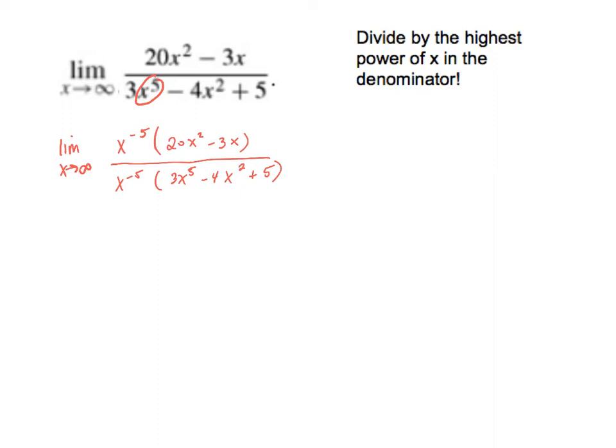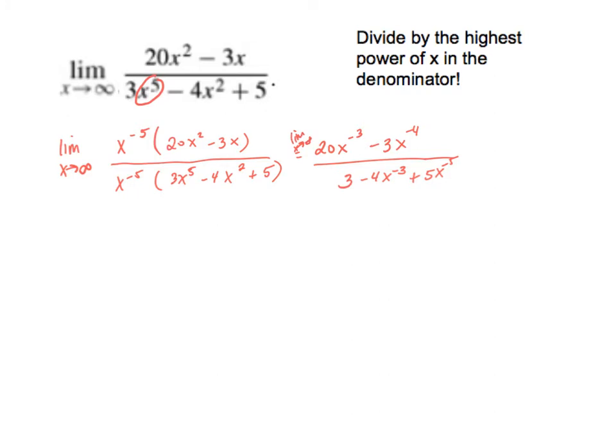Okay, so we simplify this. So now we have 20x to the negative 3rd, minus 3x to the negative 4th, over 3 minus 4x to the negative 3rd plus 5x to the negative 5th. And then, of course, we're still thinking about the limit as x goes to infinity of this.